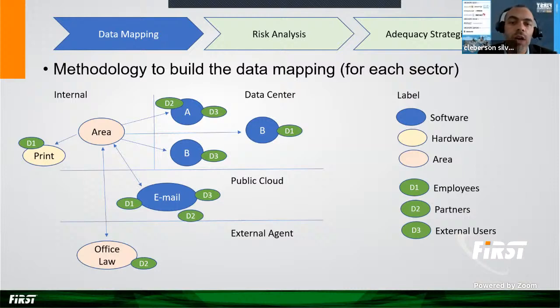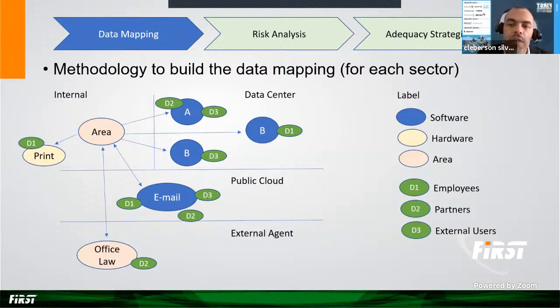You can also see the small green circles, D1, D2, D3, representing the type of data. D1 represents employees, D2 partners, and D3 external users.